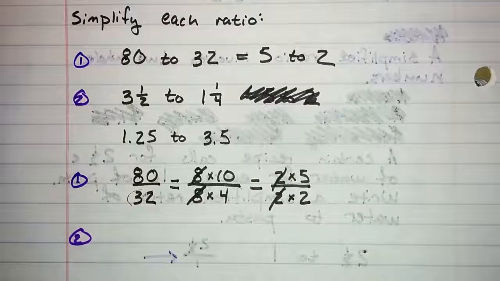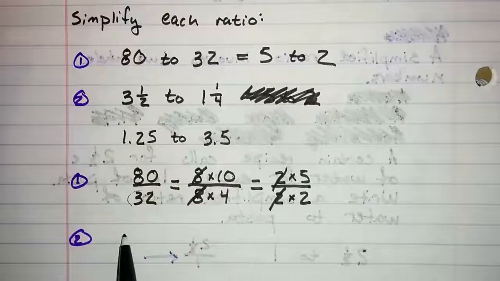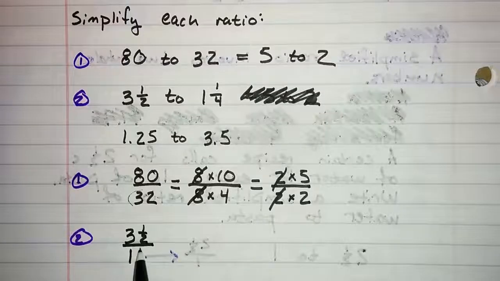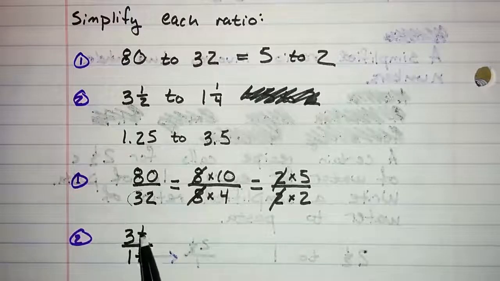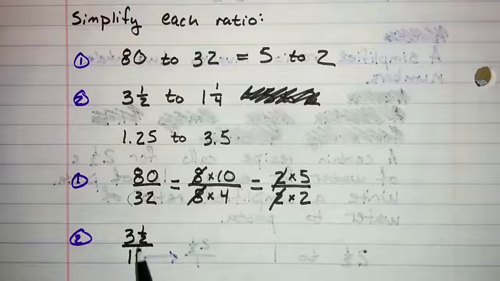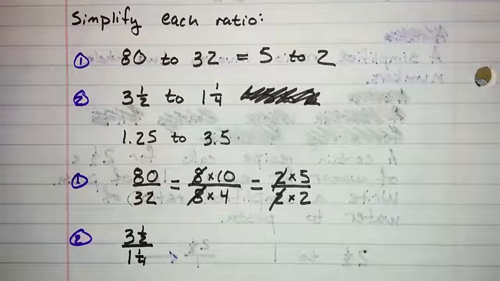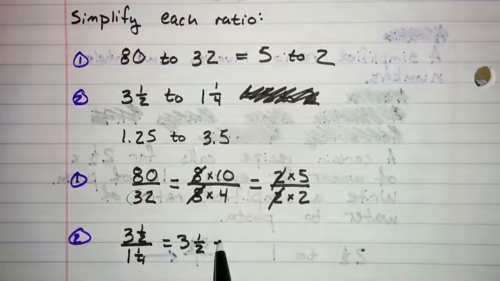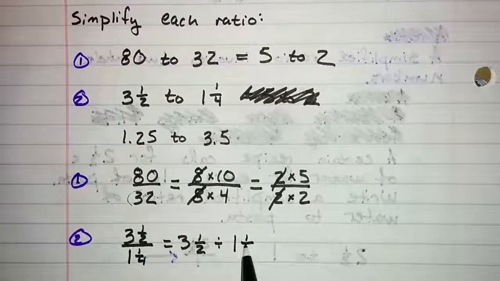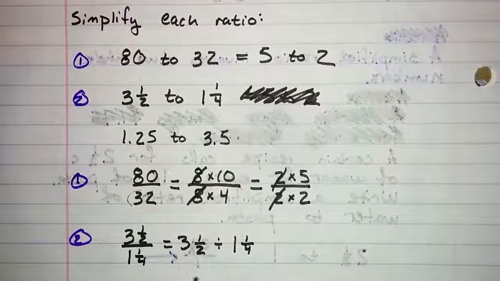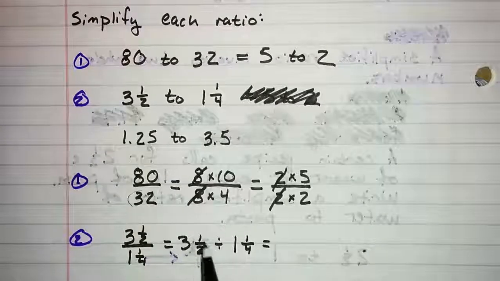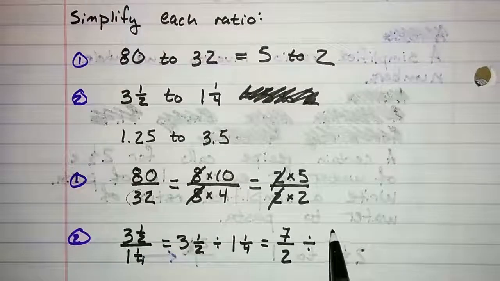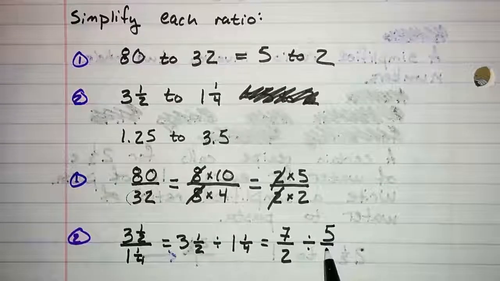All right, second example. I have 3.5 over 1 1/4. And I'm going to choose to understand this main fraction bar as division. So I'll have 3.5 divided by 1 1/4. Rewriting each of these as improper fractions, I'll get 7/2 divided by 5/4.